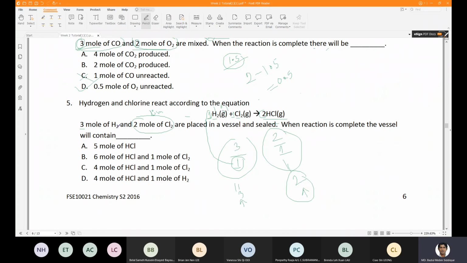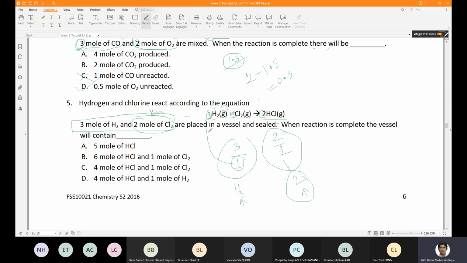Now, if we have some other problem like this, we will talk more. First of all, we have to know the number of moles that we are using in the reaction. For this reaction, we are using 3 moles of hydrogen, 2 moles of chlorine, and the stoichiometric ratio for this reaction is 1:1.